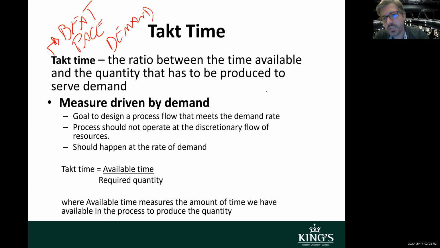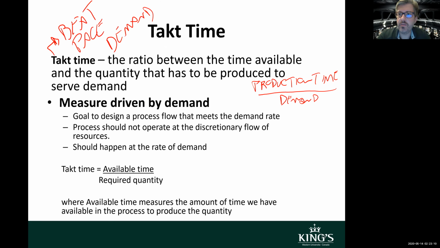So how much time I have, production time divided by your demand per day. So observe, the production time can be seen, for example, as seconds or hours in a day, and demand can be seen as units in a day.